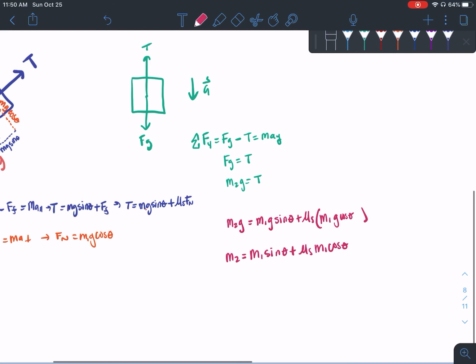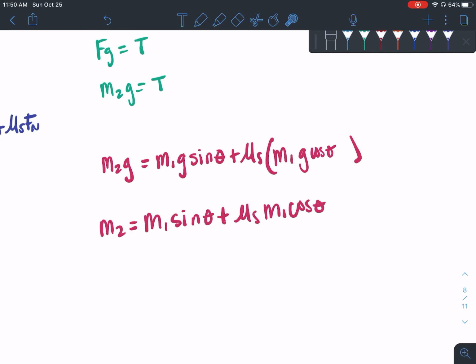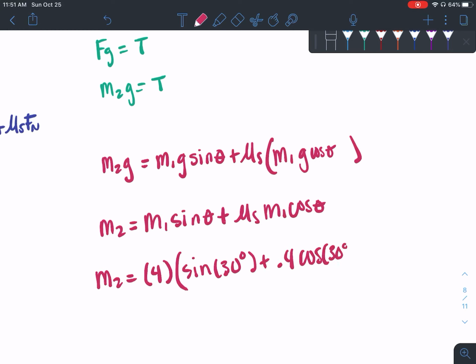That was just a mistake here; once again, force normal was mg cosine theta. So when I set this in for force normal, it's m1 g cosine theta. So I just made that correction really quickly. And at this point, it's just putting in our values. And I factored that M1 out to the front.